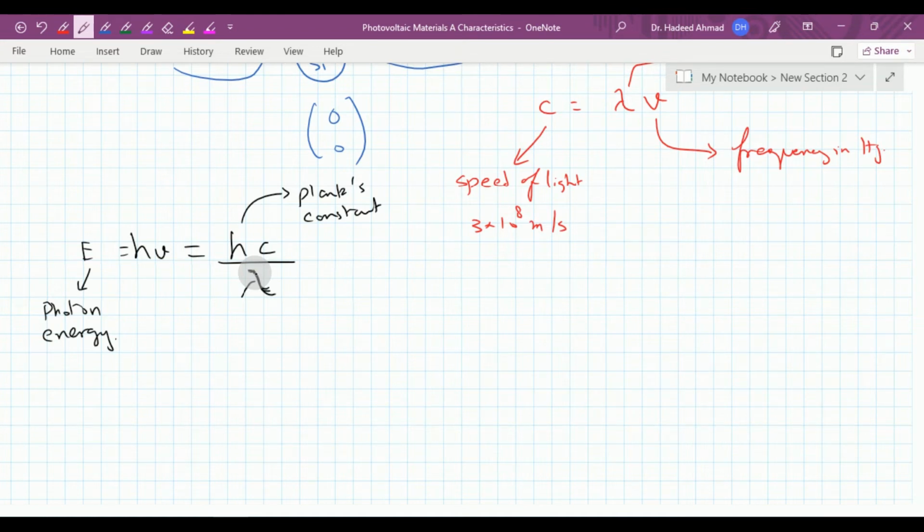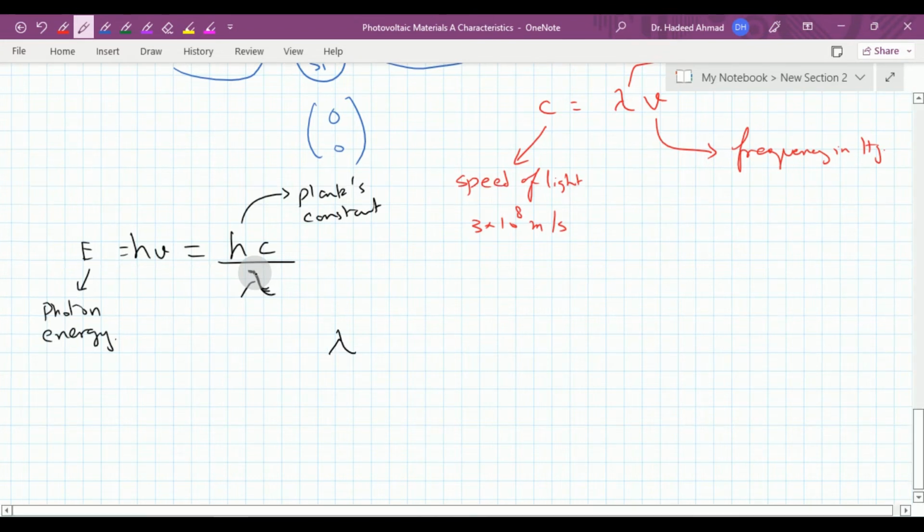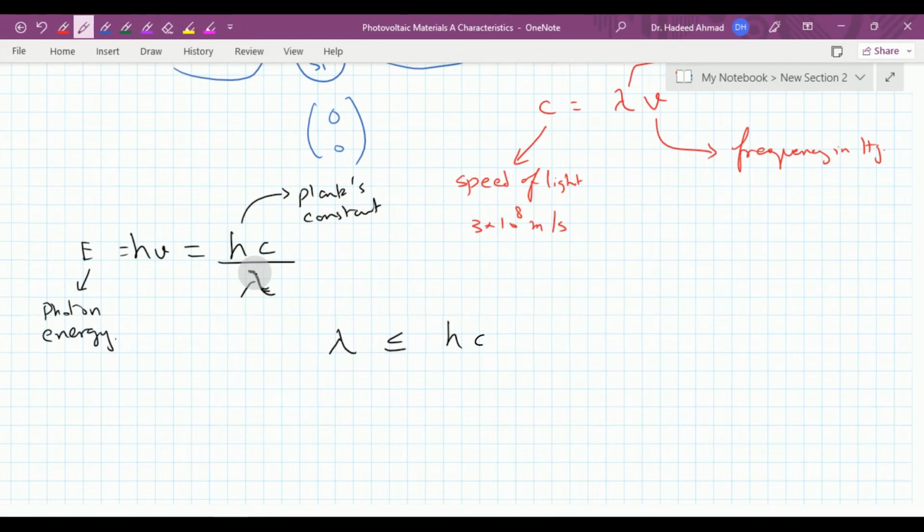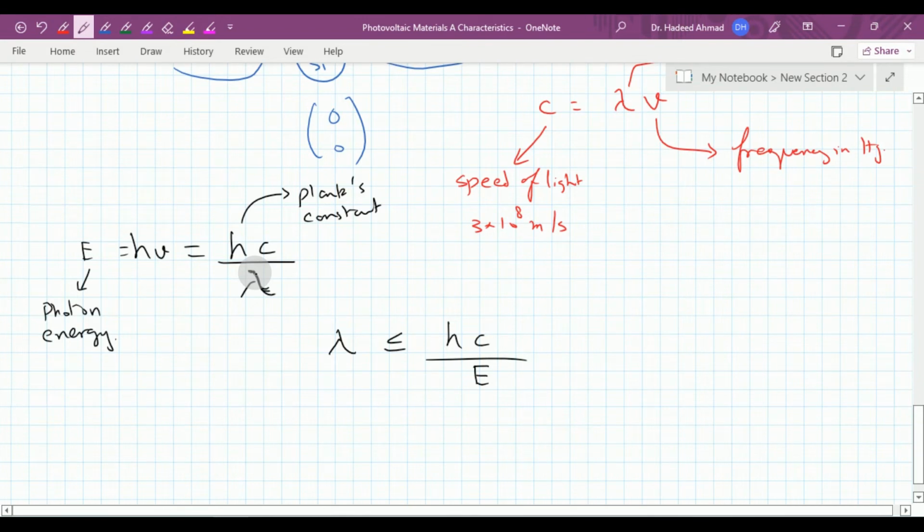So if I use these two equations, then I come to know that lambda should be less than hc by E if we want to knock out the electron in a silicon solar cell.